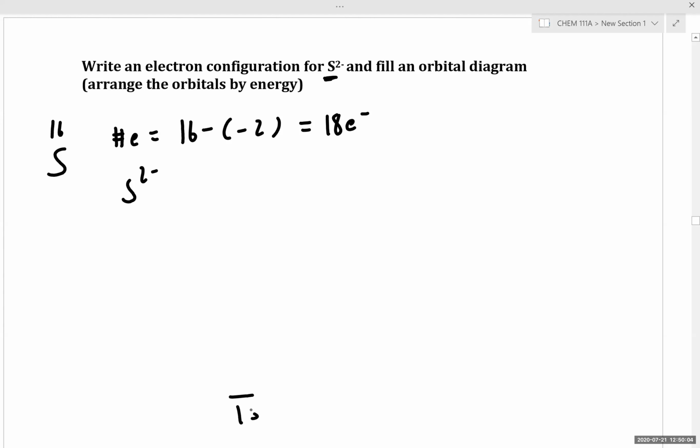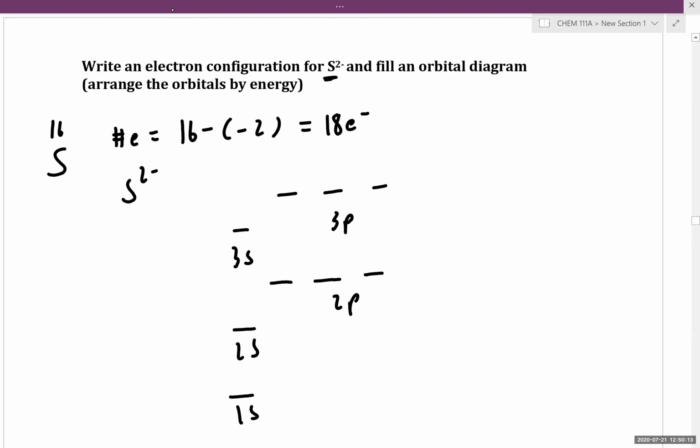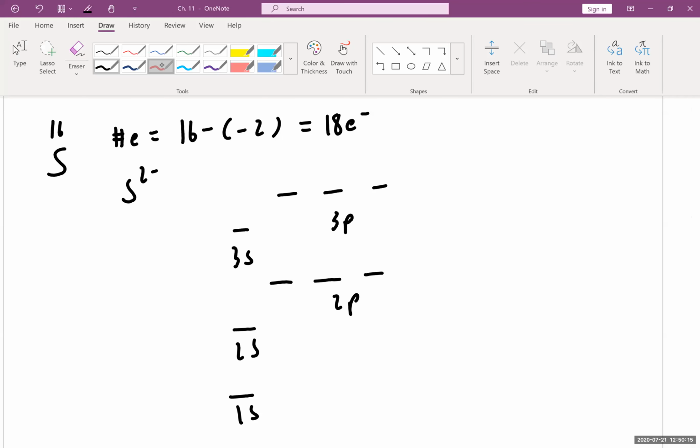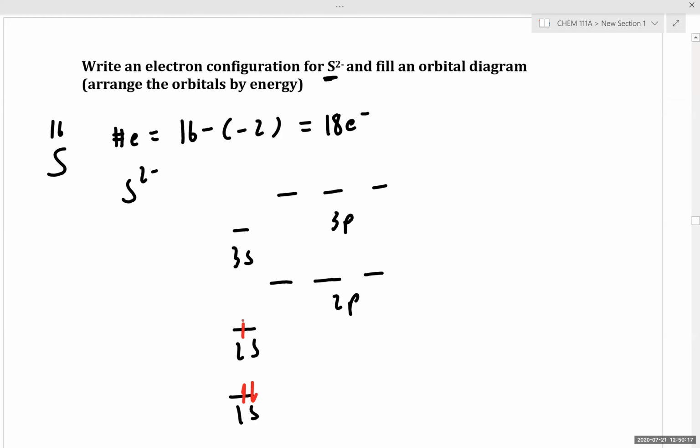Now we're going to arrange our orbitals in terms of increasing energy. And now let's fill our orbitals with electrons. 2, 4, 6, 8, 10, 12, 14, 16, 18.